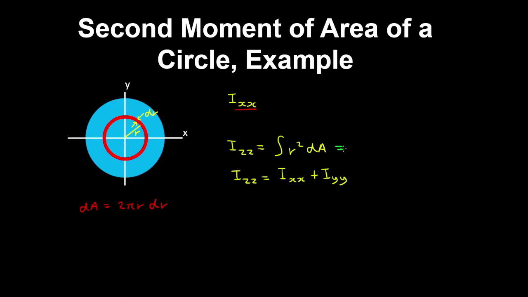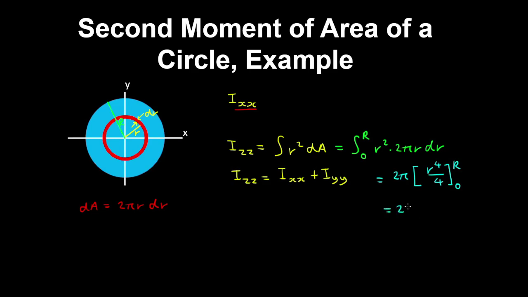And now we can substitute this in the expression for the polar moment of inertia, where we're integrating from r equals 0 to the radius of the circle r. So we have r squared by dA, which is 2 pi r dr. So we can take 2 pi outside the integral, and then integrating r cubed gives r to the 4 on 4, and that's evaluated from 0 to r.